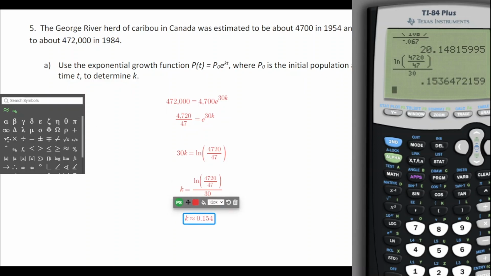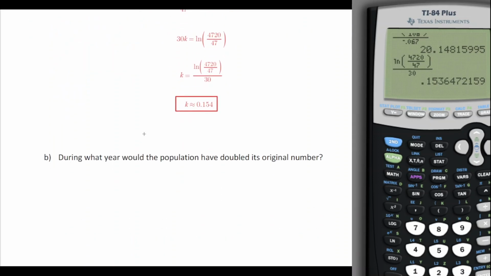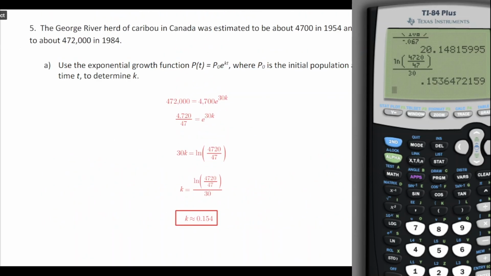Now, I'm guessing we could probably use this to find out what the population is at other times, and I'm kind of wondering if that's where this is going. Yeah, during what year would the population have doubled to its original number? Okay, so I'm going to go back and retype this equation. So double its original number.